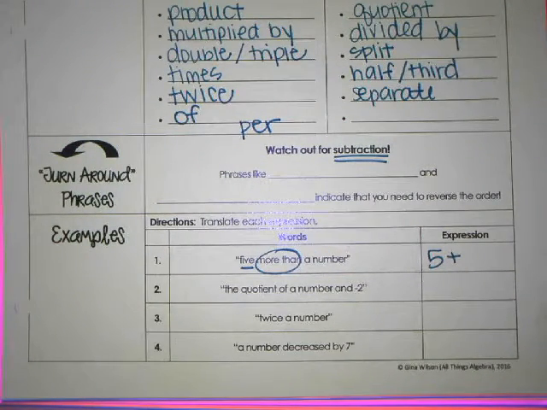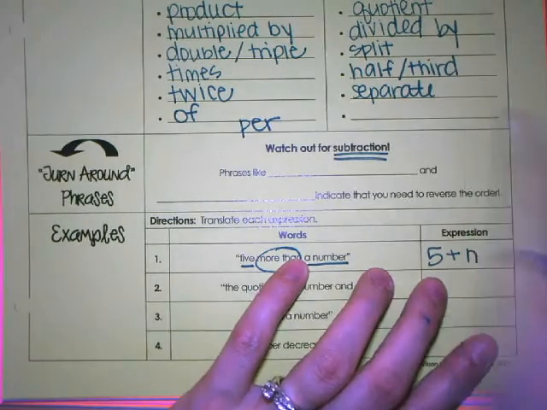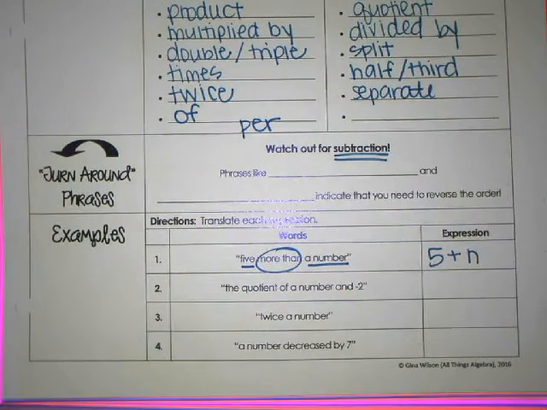Then what's it say? So if it says a number, we write a variable. Do I care what variable you write? No, you can write any variable that you want. It is perfectly fine, whatever you write, and it will still be accepted, even if it's not the same variable I choose. Is that understood?